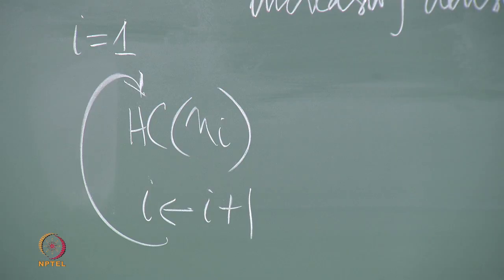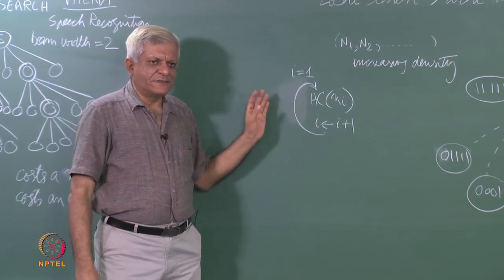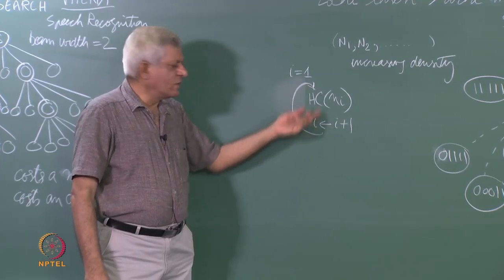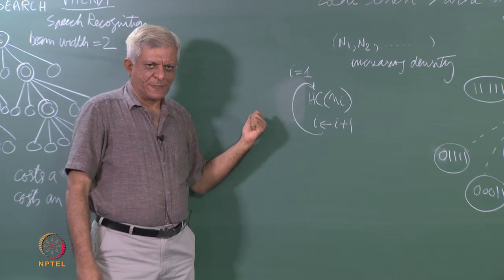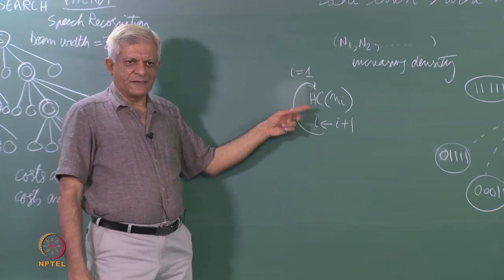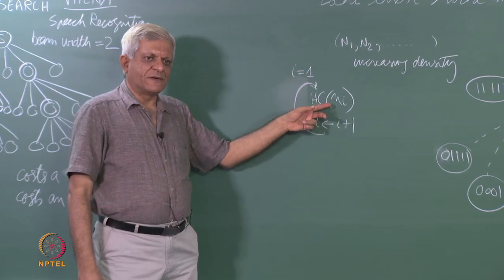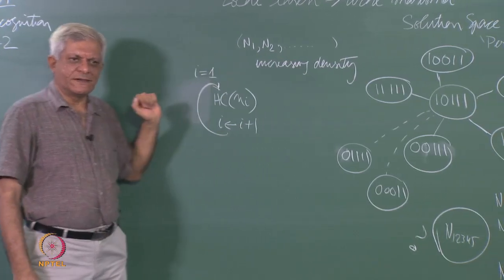What is the meaning of this algorithm? So, you should work out the details. I am not going to write the details here. The meaning of this algorithm is, depending on what the resources allow, you will go into this loop. Once you run out of resources, you say okay, stop or something like that. But inside this is another loop, which is a hill climbing loop, and that is saying use the ith neighborhood function, and I am assuming that they are ordered according to increasing density.